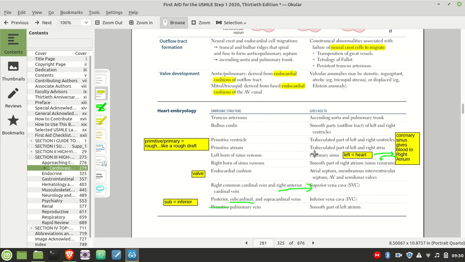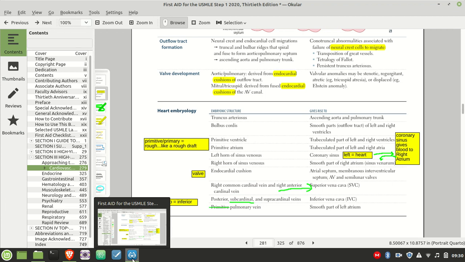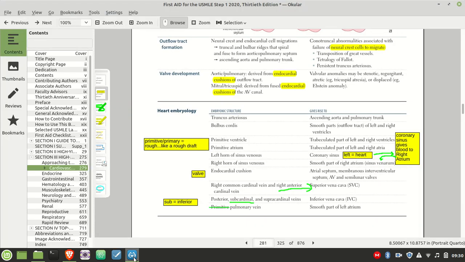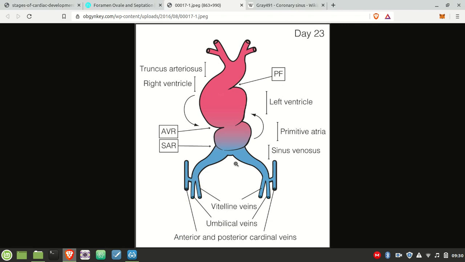Left, you think heart. It's the coronary sinus. The coronary sinus ends up dumping all its stuff into the right atrium. And that's the next thing here. The right horn makes the smooth part of the right atrium. This portion here is the sinus venosus, left and right.